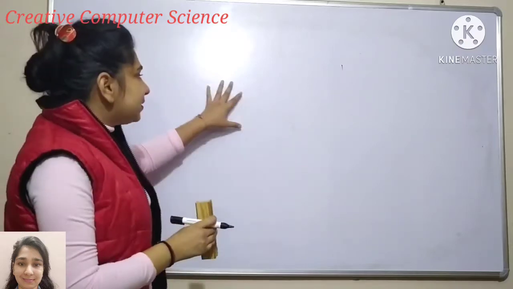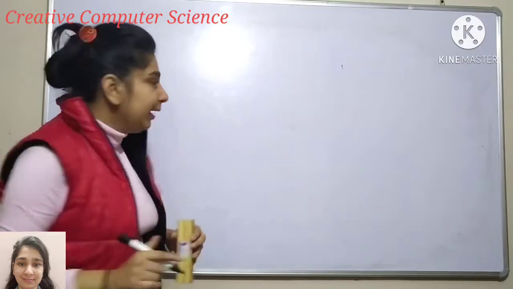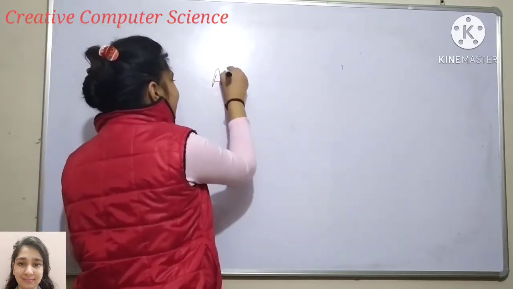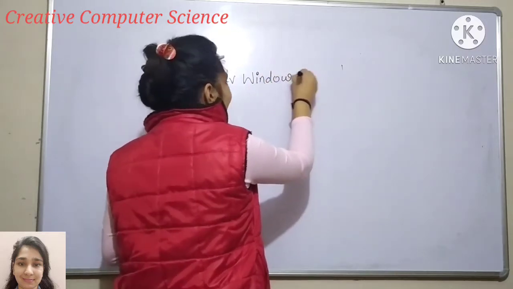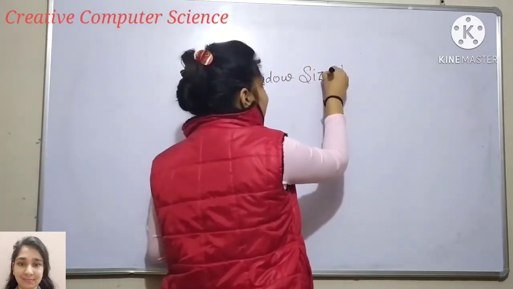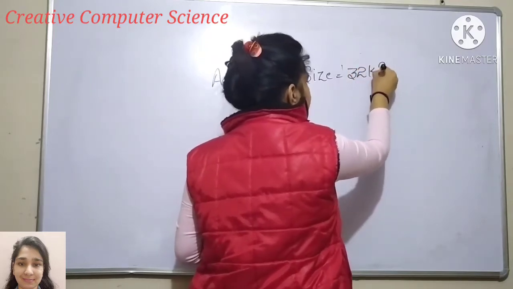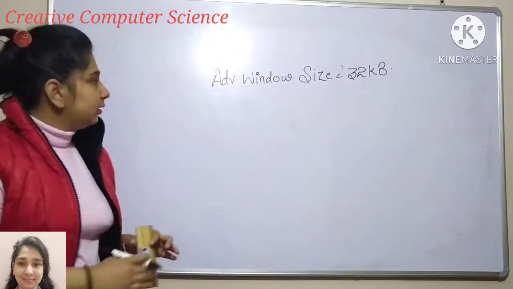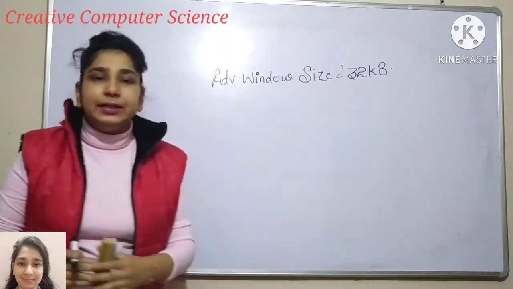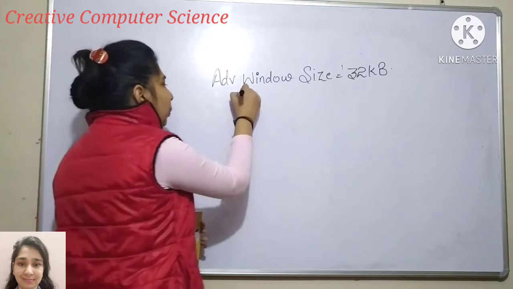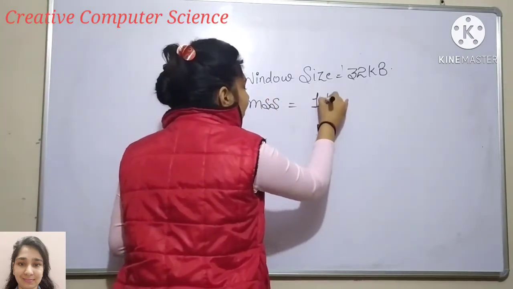Let me discuss this topic with one example. Let's suppose our advertisement window size is 32 KB, and one maximum segment size is 1 KB.